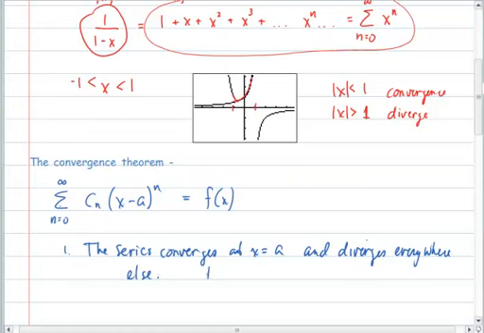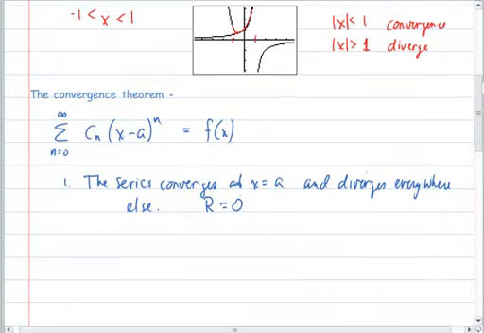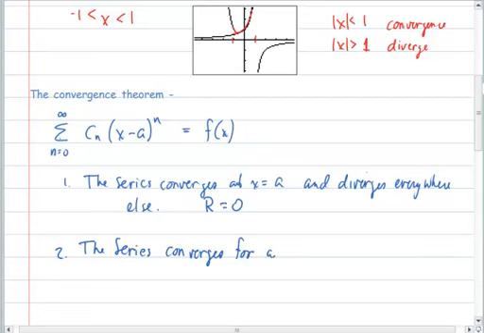This would mean that the radius of convergence is equal to 0. The second thing is the series converges for all x, and that would mean that our radius of convergence is infinite in value.